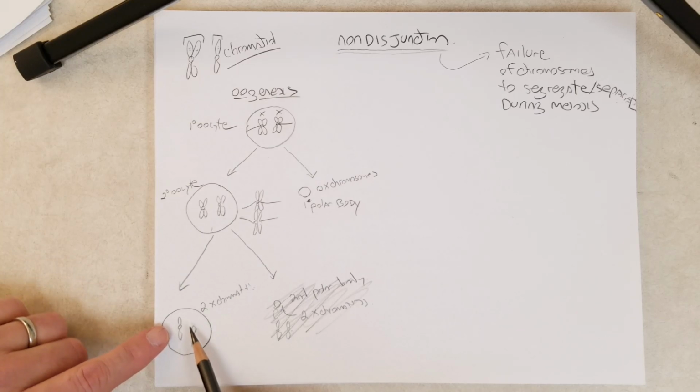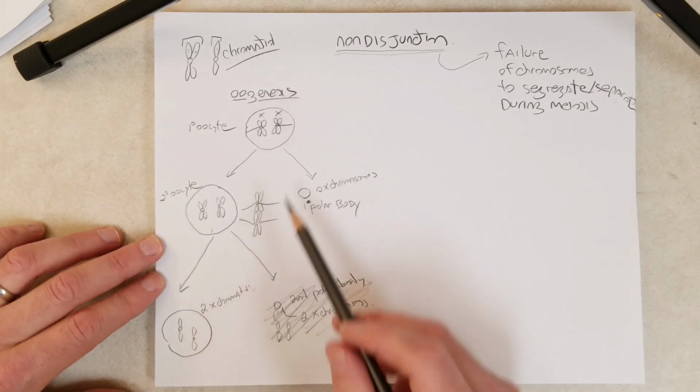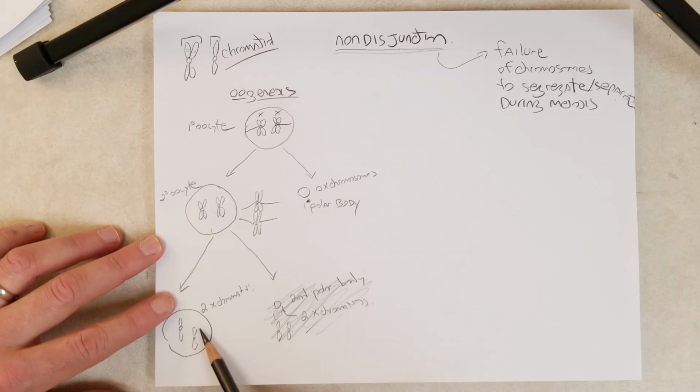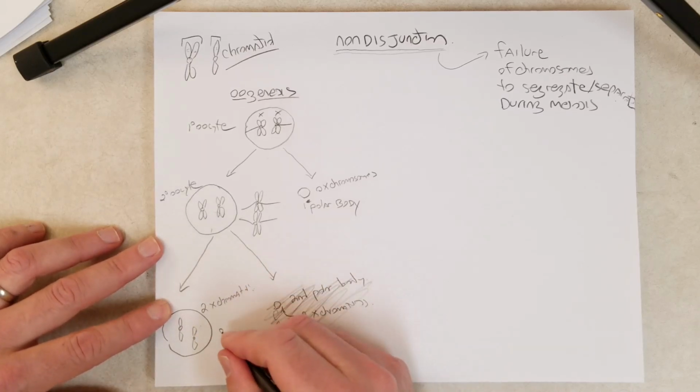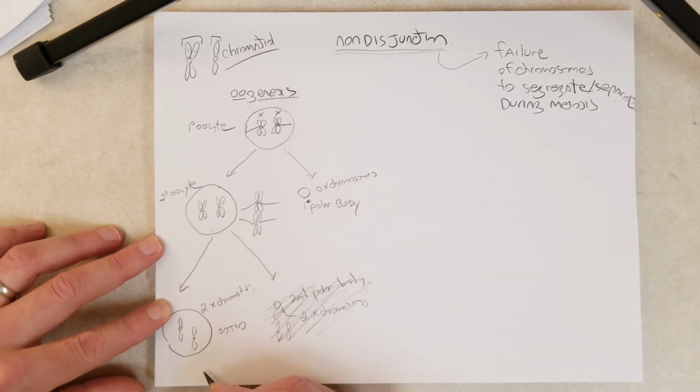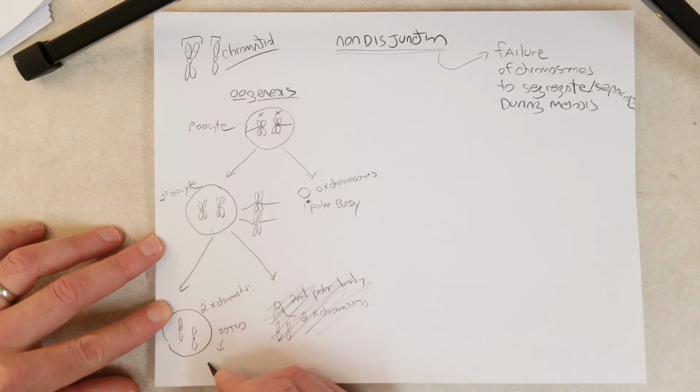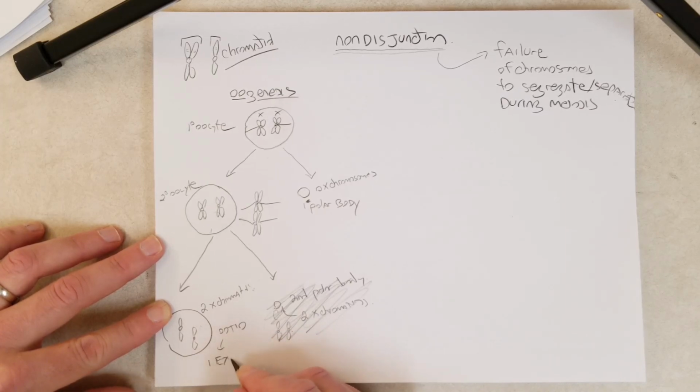And we also have the 22 other chromosomes, the 22 autosomes. Let's say they all separated normally during both stages of meiosis. So this ootid right here is normal except for 1 extra X chromosome.